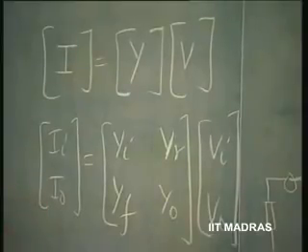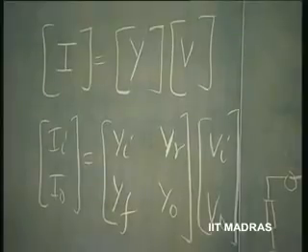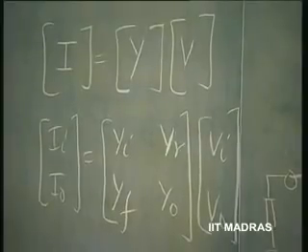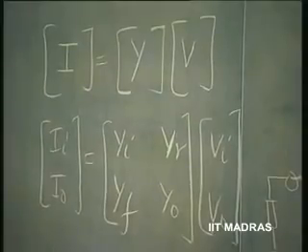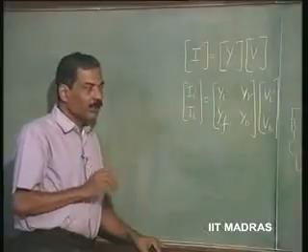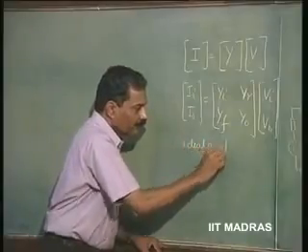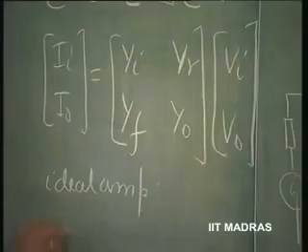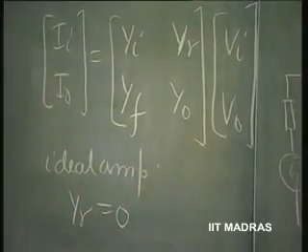The same equations that we have written, the linear equations, can be represented by matrix this way. And what is this? This is a generalized way of representing any two-port network, which we have learnt in networks, but we would like to relate it to amplifiers. So, an ideal amplifier of this category is one where Yr is necessarily 0. That means it is unilateral.